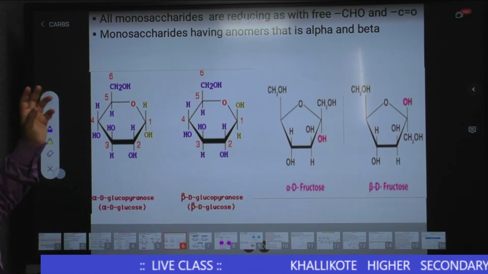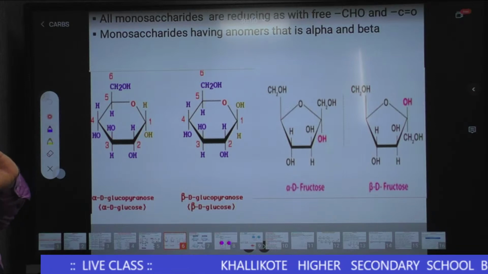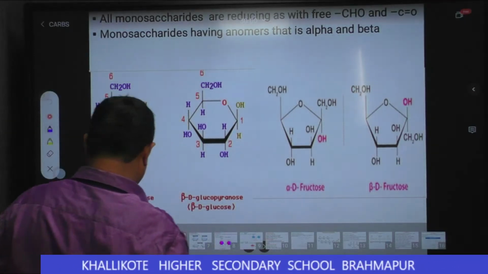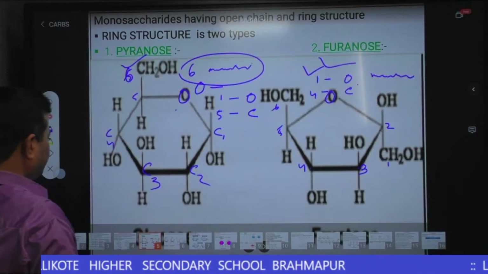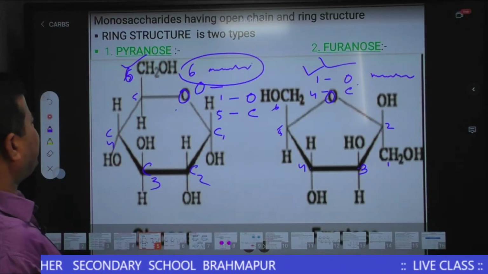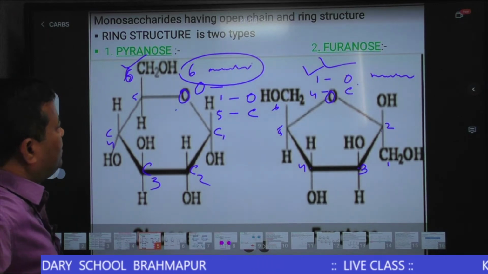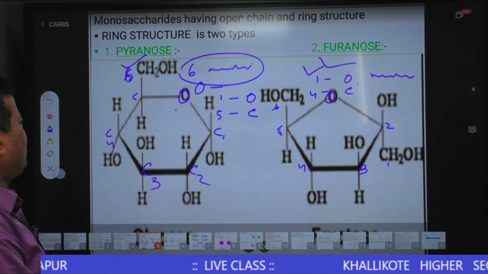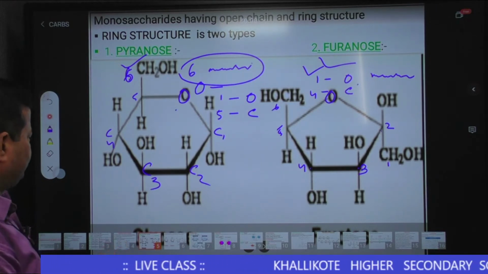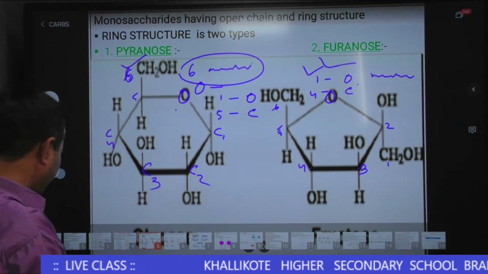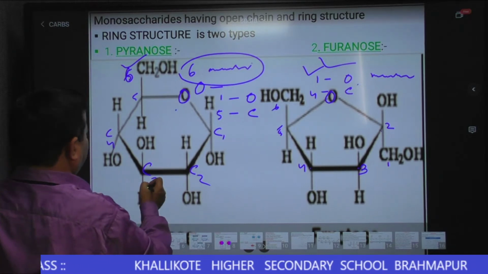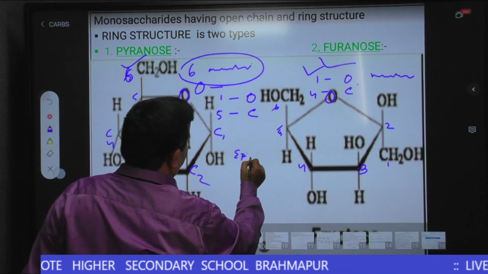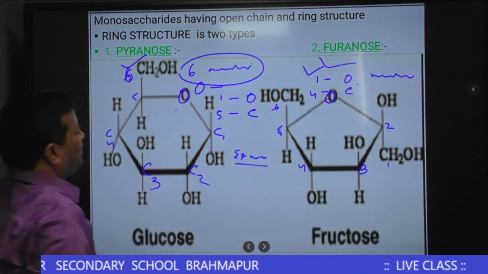Monosaccharides have anomers, that is the alpha and beta forms. First, we go to the pyranose form of glucose. Here glucose and fructose are isomers of each other. This is the ring form of glucose. But actually, one thing you should know is the epimer form. What do you mean by epimer?